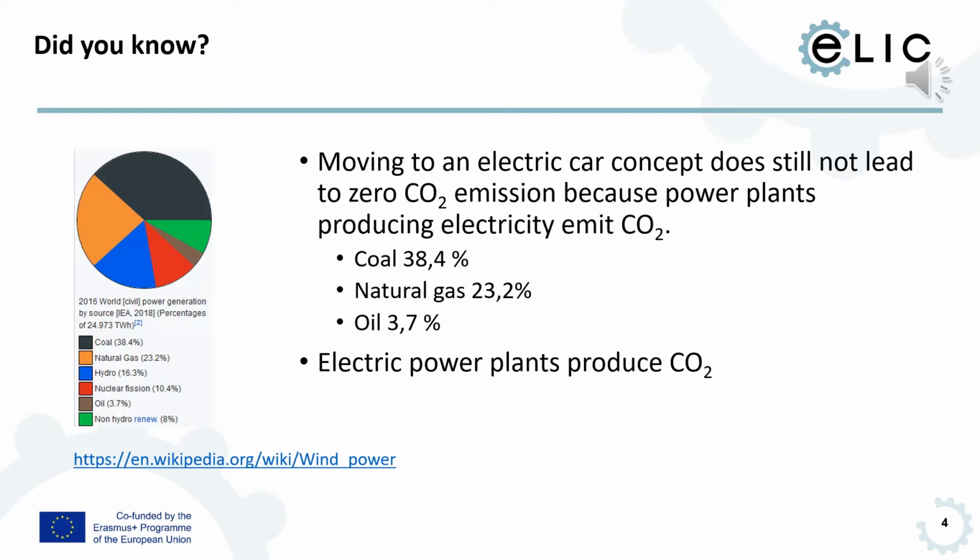What the slide wants to show is that in some production areas like coal plants or natural gas plants or oil plants which produce electric power, we still produce CO2, and at the moment the majority of those plants producing electric power are those that produce CO2: coal is 38.4%, natural gas is 23.2%, oil is 3.7%, and in total they are far above 50%.